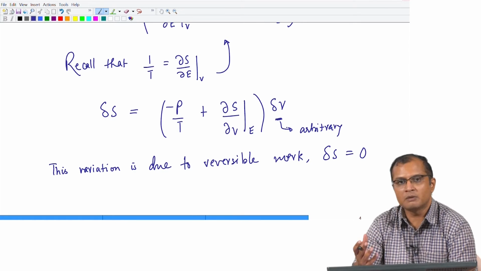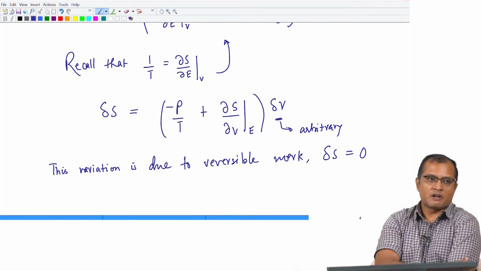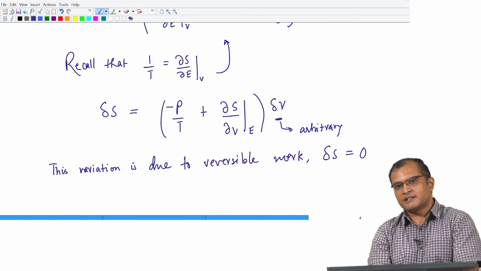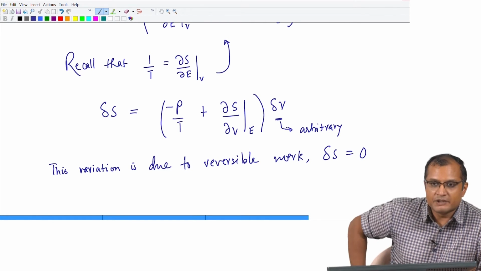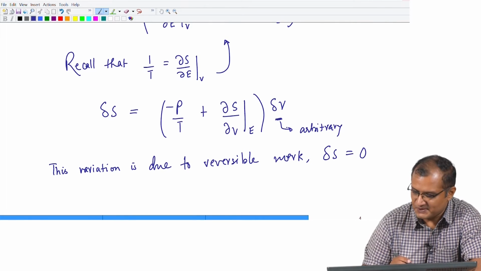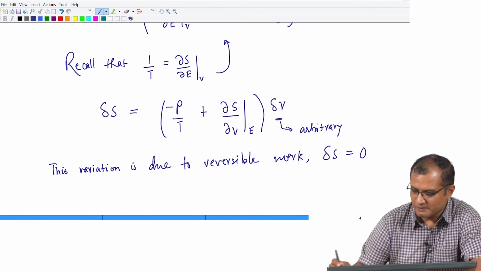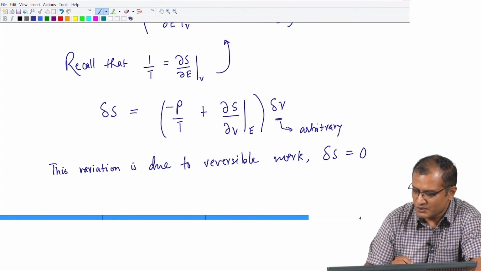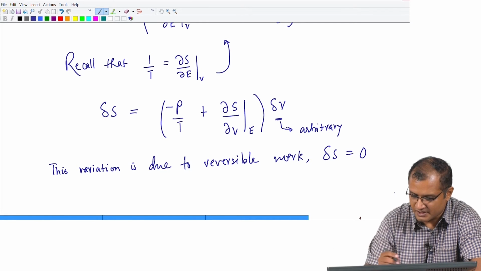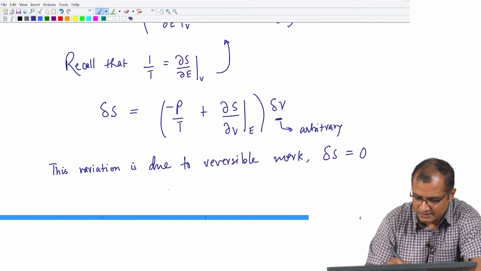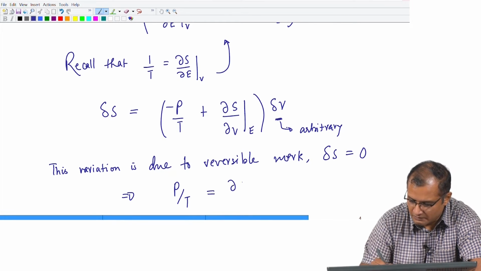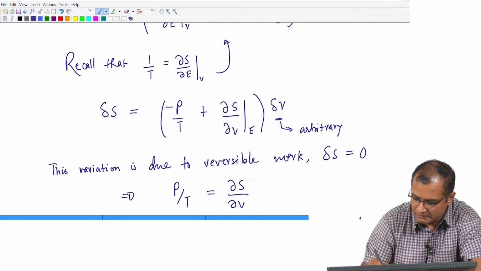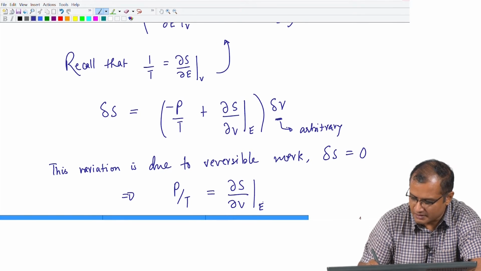If the product of two numbers is always 0 and one of them is arbitrary, then the other number has to be 0, because I can take delta V to be non-zero. So, the product will go to 0 only if the prefactor, which is what I have written in the parenthesis, is 0. So, I will write down P over T is equal to del S over del V at constant energy.